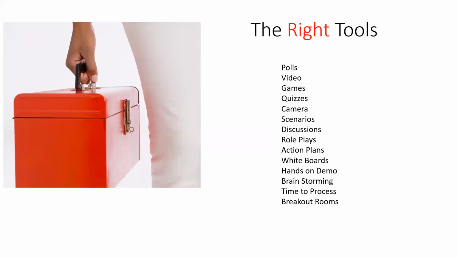Like, this is kind of where we as trainers live. So I had to include this because it is so important. Like, we do have to have the right tools, because the right tools will help support all of the other work that we're doing in our classroom.